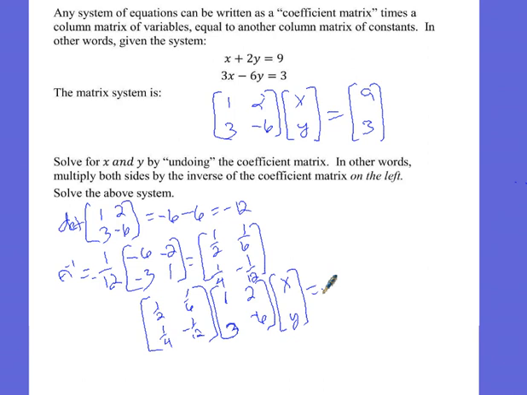I multiplied the inverse matrix on the left, so I must also multiply the inverse matrix on the left over here. So inverse matrix again, 1/2, 1/6, 1/4, negative 1/12 times my column, 9, 3. That's the setup. It seems like a lot of work here, but it's not that bad.